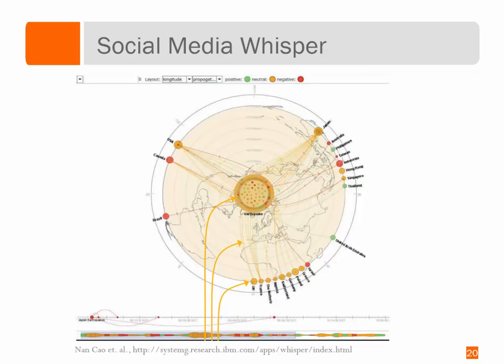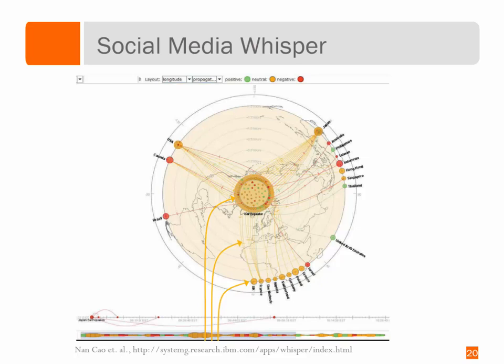And then our last example that we'll look at here basically uses social media, basically tweets from Twitter as the context for data visualization, particularly across a number of events.